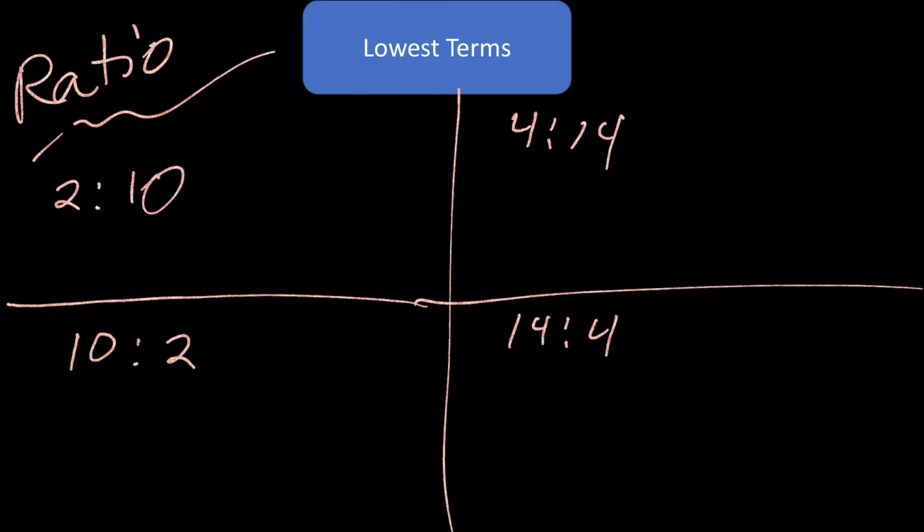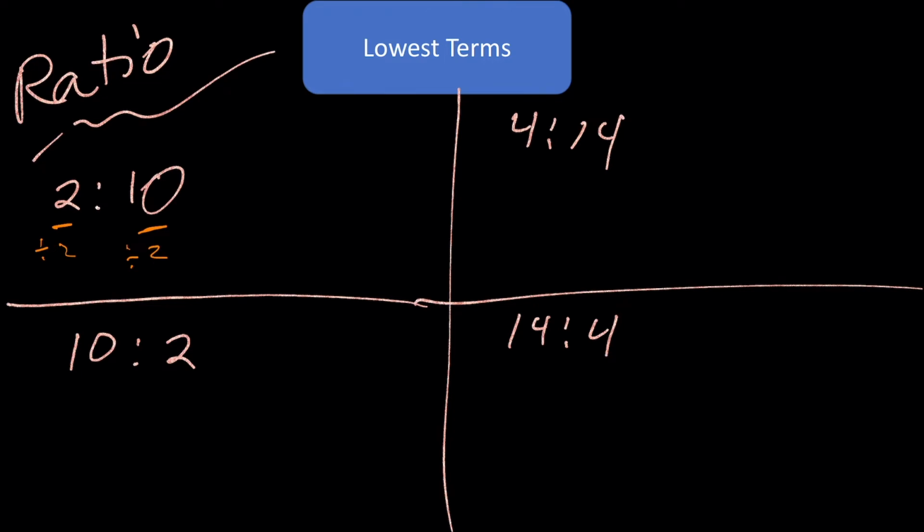All right, so reducing a ratio to lowest terms, I think about the greatest common factor. What is the greatest common factor between 2 and 10? That is 2. So I divide both sides by 2.